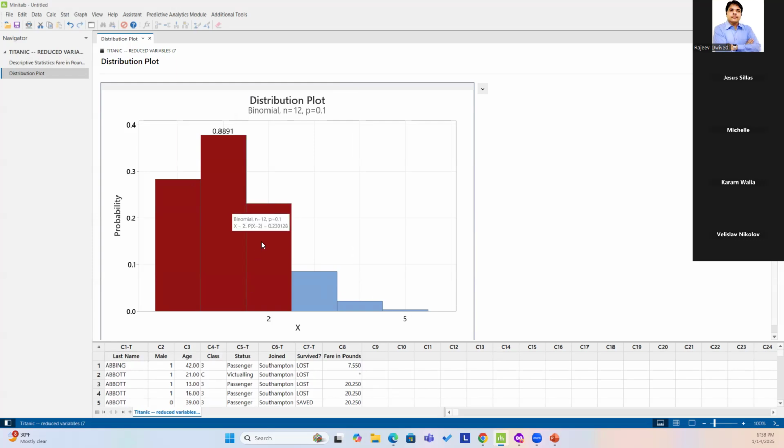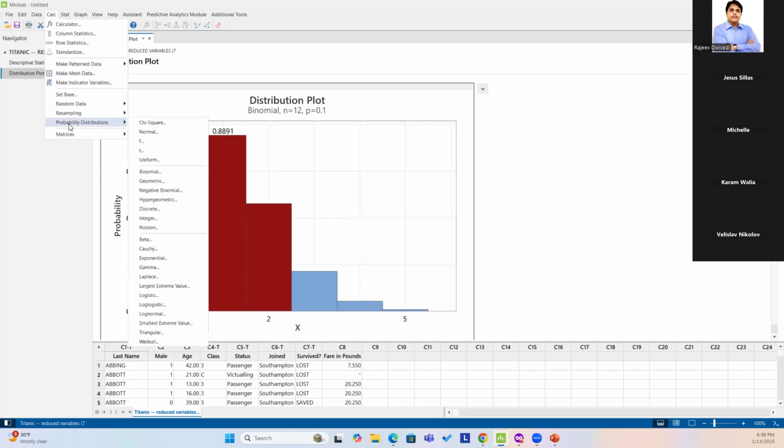Exactly at the 2 value, the probability is 23%. Put together 2, 1, 0, the total probability is 88.91%.